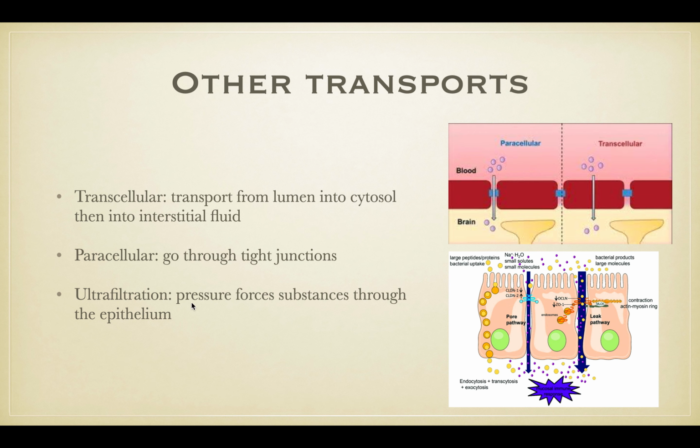Ultrafiltration is when the oncotic pressure forces substances through the epithelium, and that's really only in the kidneys. The pore pathway is going to be open to some ions, small solutes, and small molecules, and there's not a lot of transport, right?